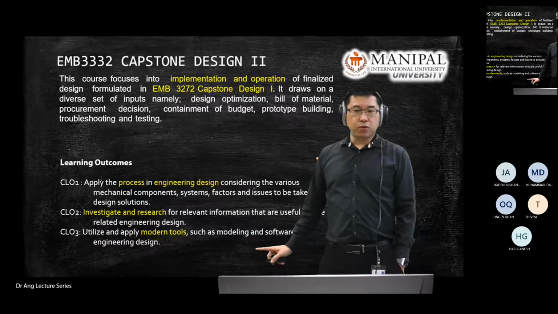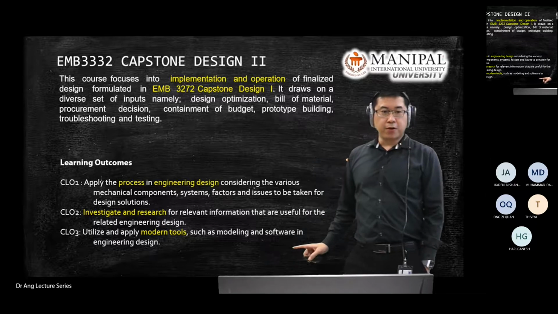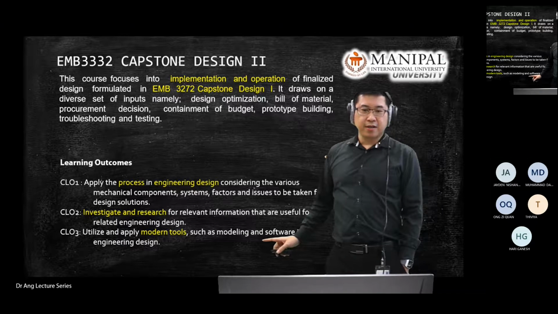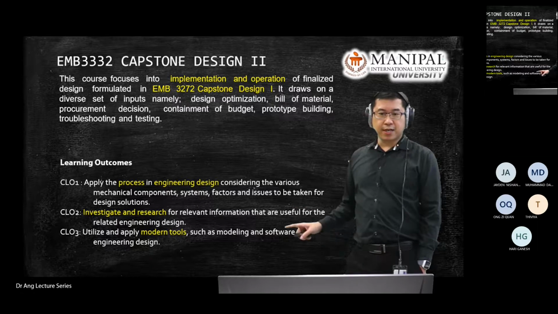If you're able to use the latest software, then the employer will be very happy, because they can put you on a task to complete the job very fast. So these are the 3 things that you should mentally prepare. Okay.